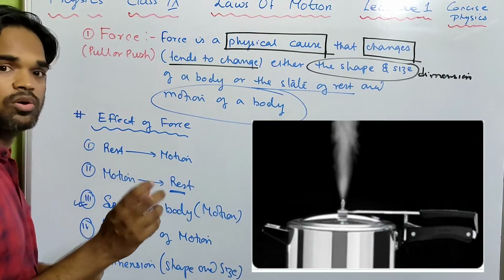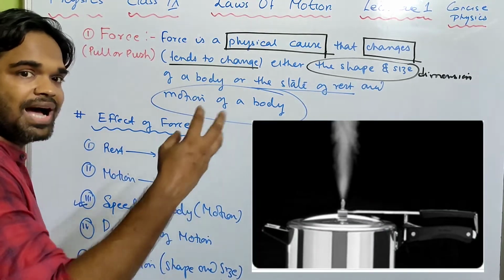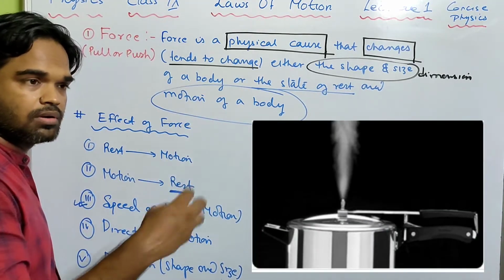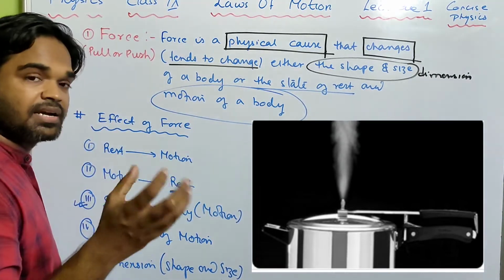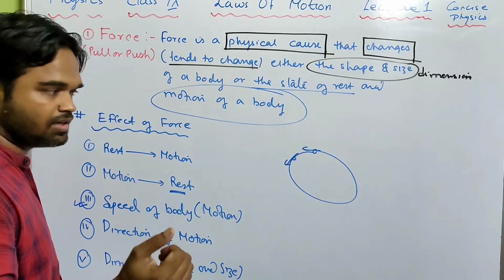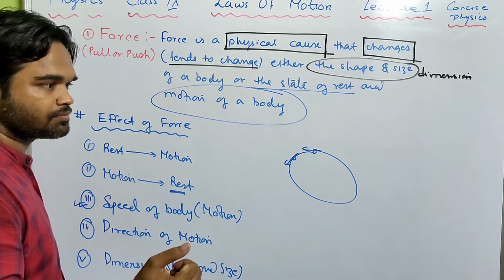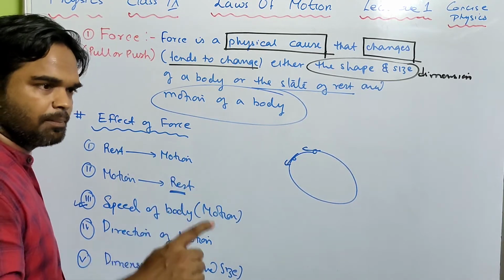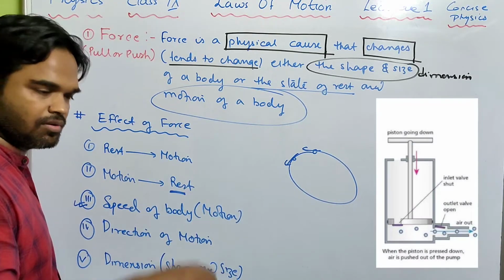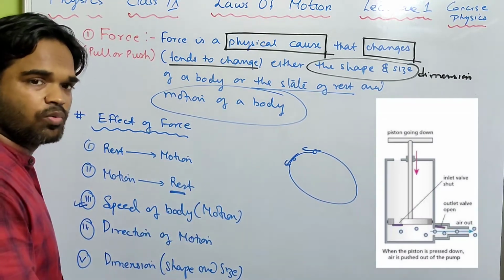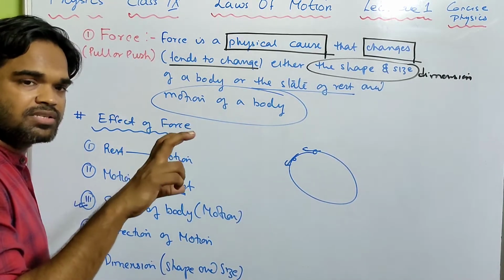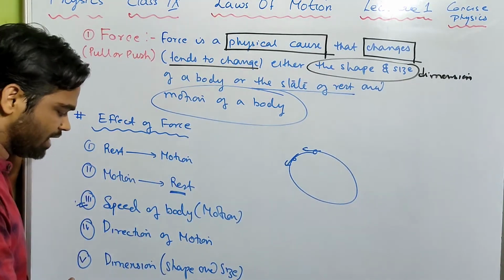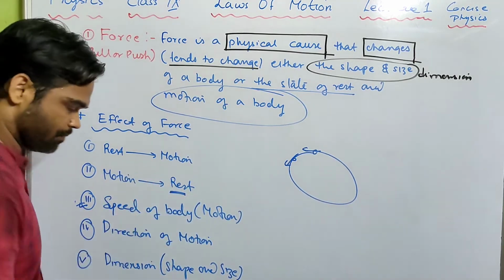If you see in a pressure cooker, steam coming out of the cooker into the atmosphere, its volume increases, isn't it? For example, when you pump air in the cycle, when you press the piston downward, you are compressing the air, the volume decreases. So these are the effects of forces.